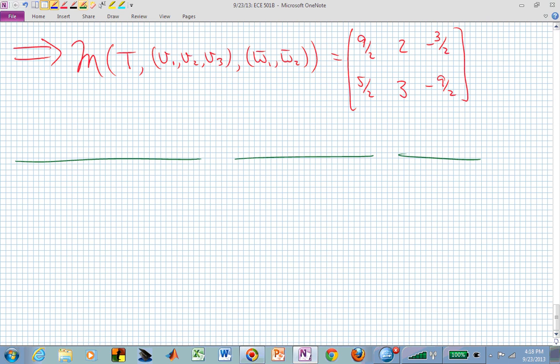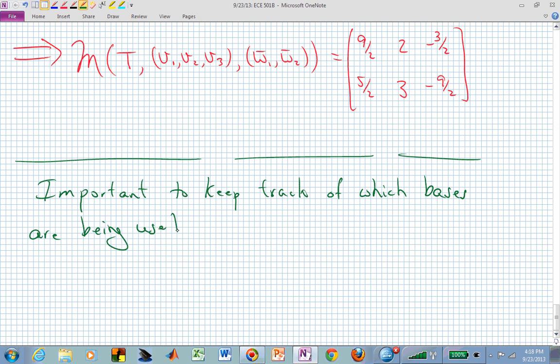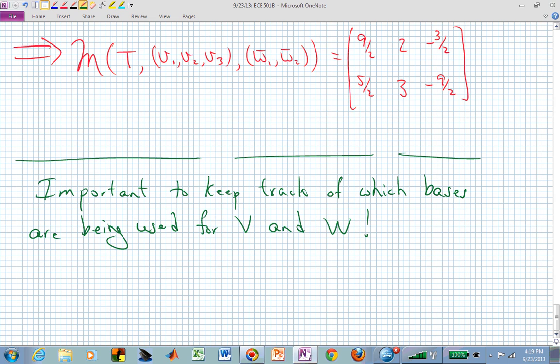I hope then it's clear that it's important with these matrix representations of a linear map to keep track of which bases are being used for the input vector space and the output vector space V and W.